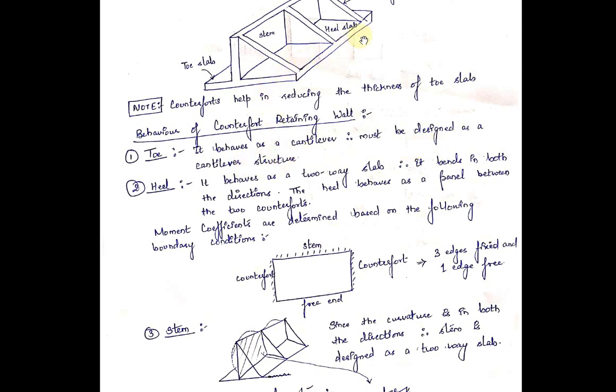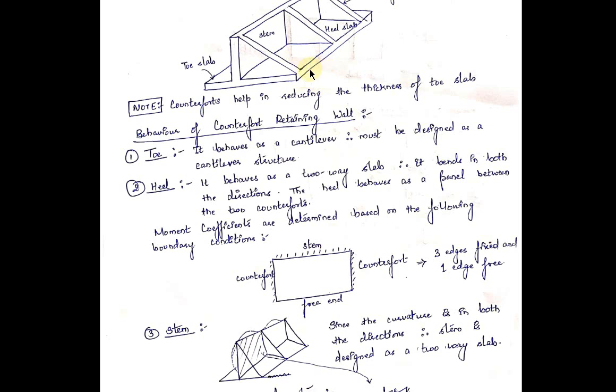Now, if you see the heel slab, this heel slab is continuous over these counterforts. So when the earth pressure acts on the heel slab, this heel slab bends in two directions, one in this direction and the other in this direction.